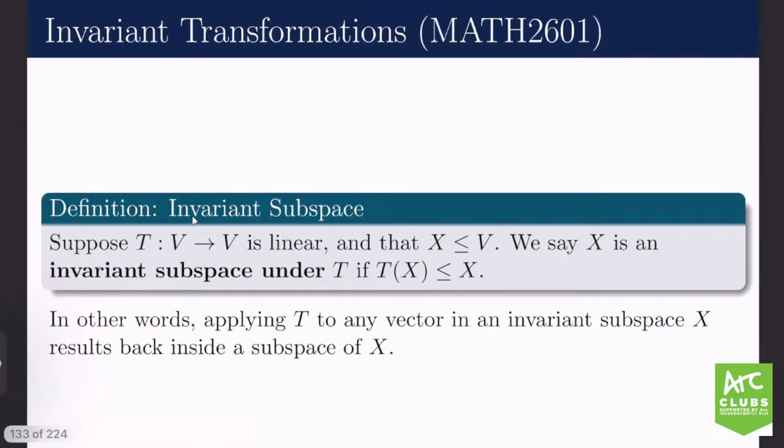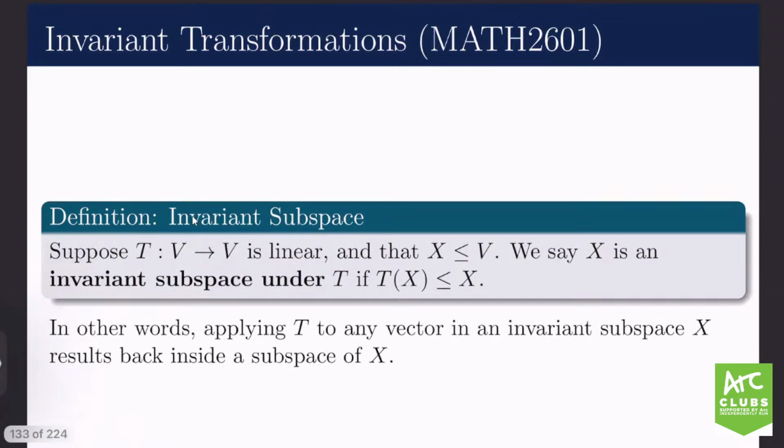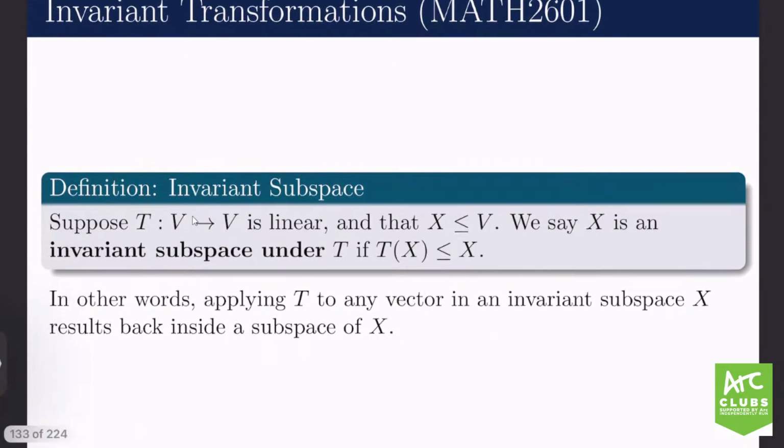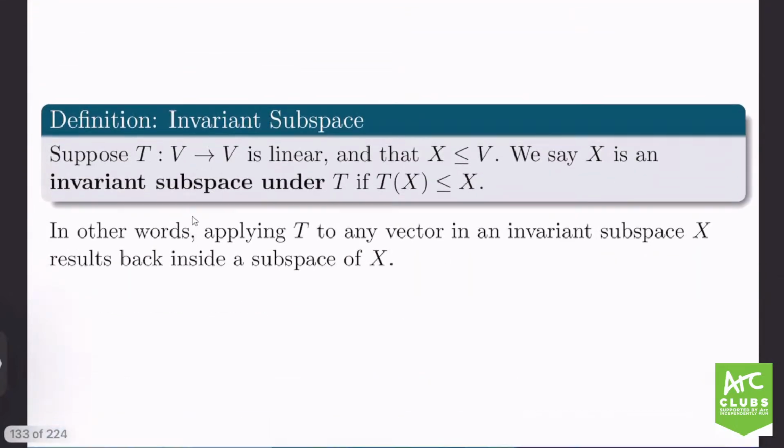So we're going to move on to invariant transformations, which is a Math 2601 topic only. An invariant subspace is one that sort of doesn't change under the linear map.